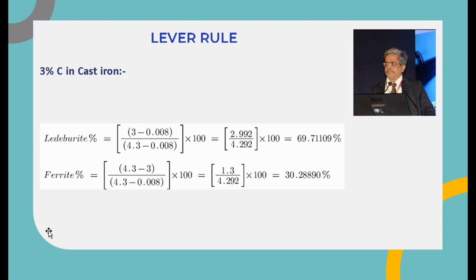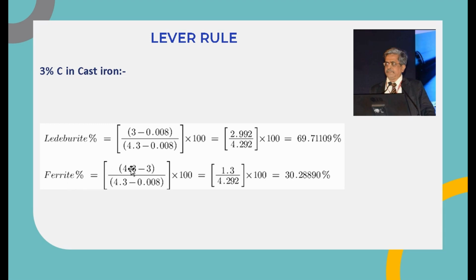See, 3% carbon in cast iron. Ledeburite is 3 minus 0.008, the branch opposite to ledeburite and touching ferrite, divided by the total distance 4.3 minus 0.008, into 100, is the percentage. Now ferrite: the branch opposite to ferrite touching ledeburite.